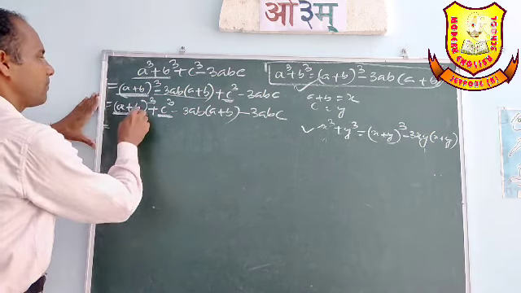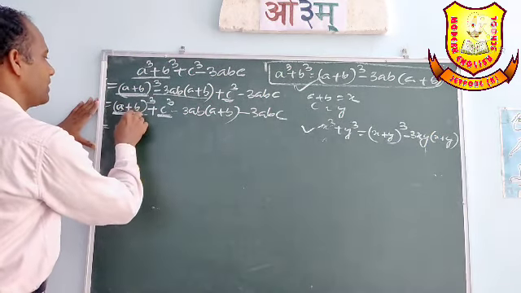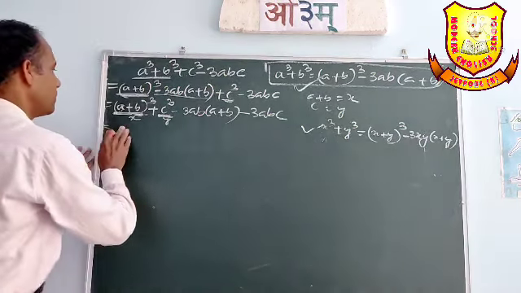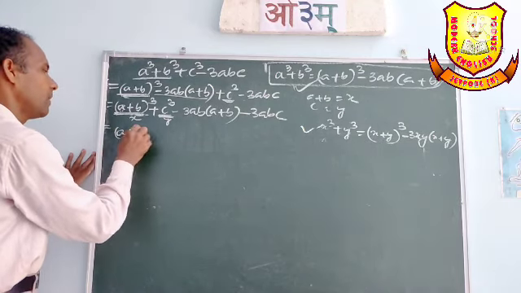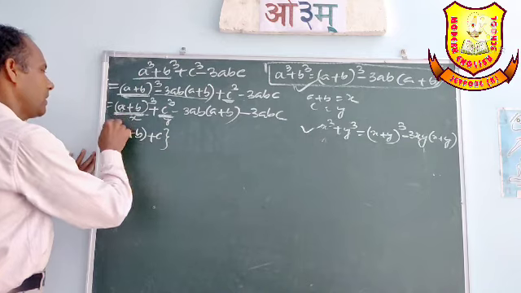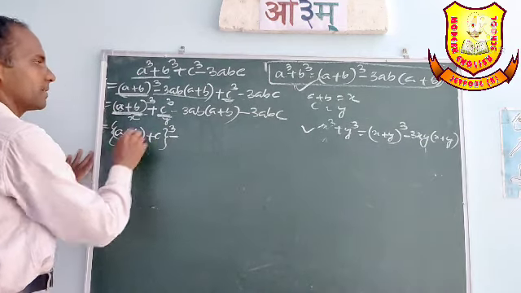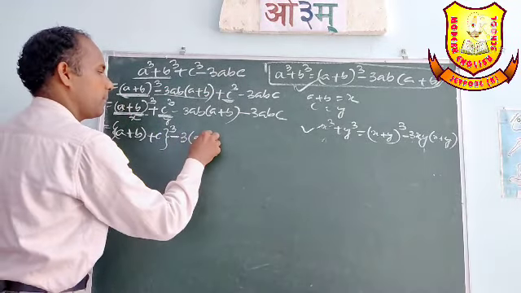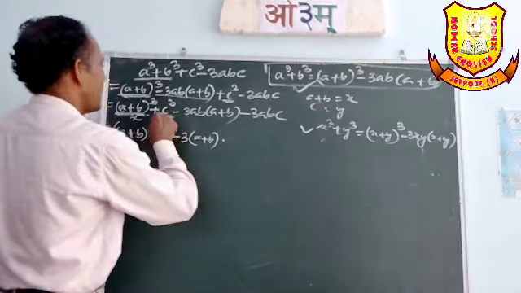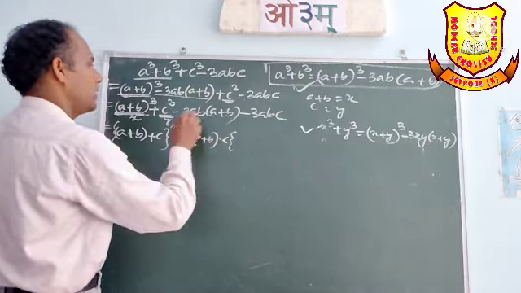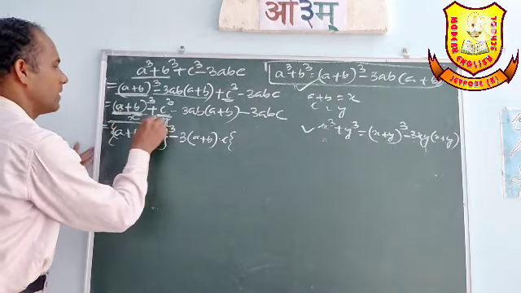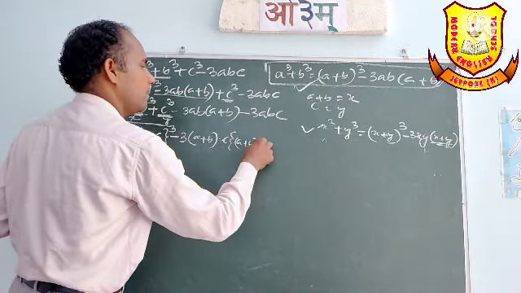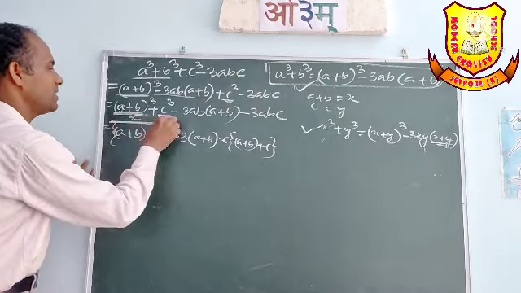So we can write (x plus y) whole cubed, with x equal to a plus b and y equal to c, minus 3xy, that is 3 into (a plus b) into c, whole into (x plus y), which is a plus b plus c. This part is written in this one.